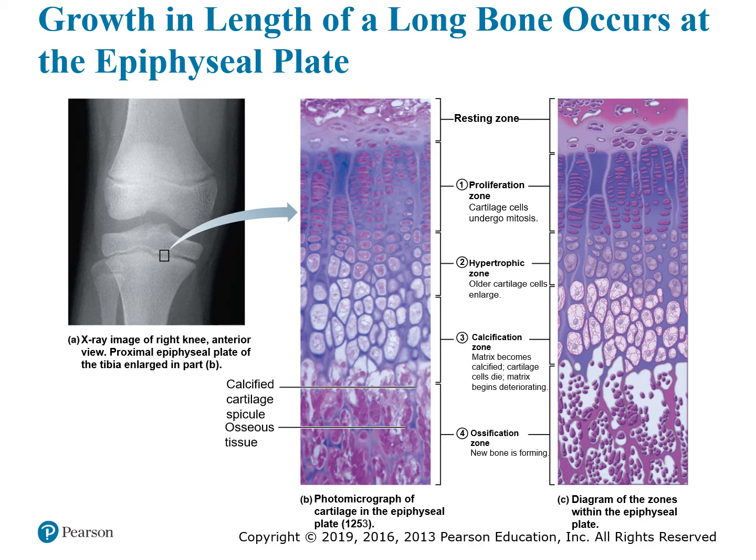That allows the ossification zone to catch up with the proliferation zone. You'll see the proliferation zone shrink and shrink until it becomes completely ossified. At that point, you're going to call this the epiphyseal line, not the epiphyseal plate. So when you see the complete ossification of the epiphyseal plate, someone is completely done growing.